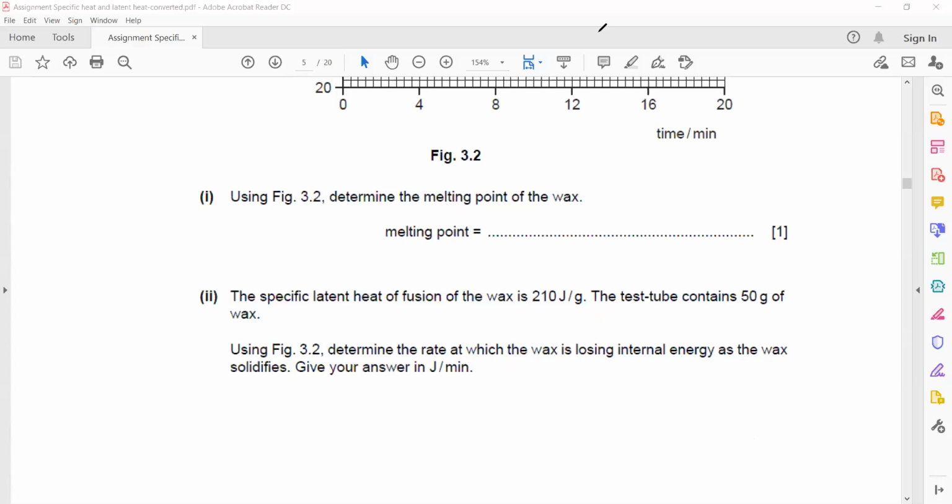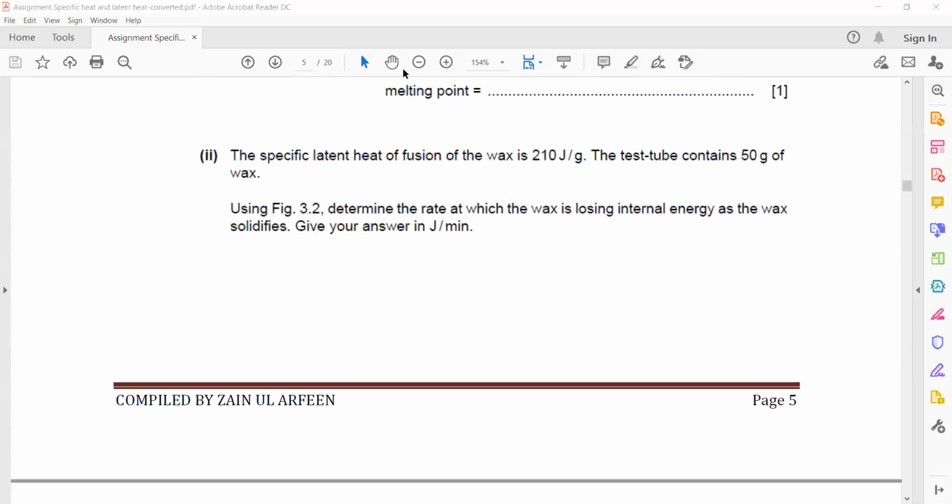So first we will find the energy. How do we find the energy? We have the formula: latent heat is equal to energy divided by mass. Latent heat is given as 210. Energy we don't know. The mass is 50 grams of wax, so that's 50. You don't have to convert the unit here.